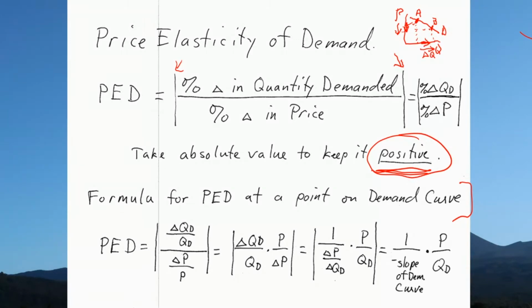Okay, there's a problem with that approach, though. And the problem is that if we calculate the elasticity in this direction, we get one number. And if we calculate the elasticity moving from B to A, we get a different value for the elasticity of demand. And that's a problem because then it's like, well, what is the elasticity and at what point are we supposed to be calculating it?